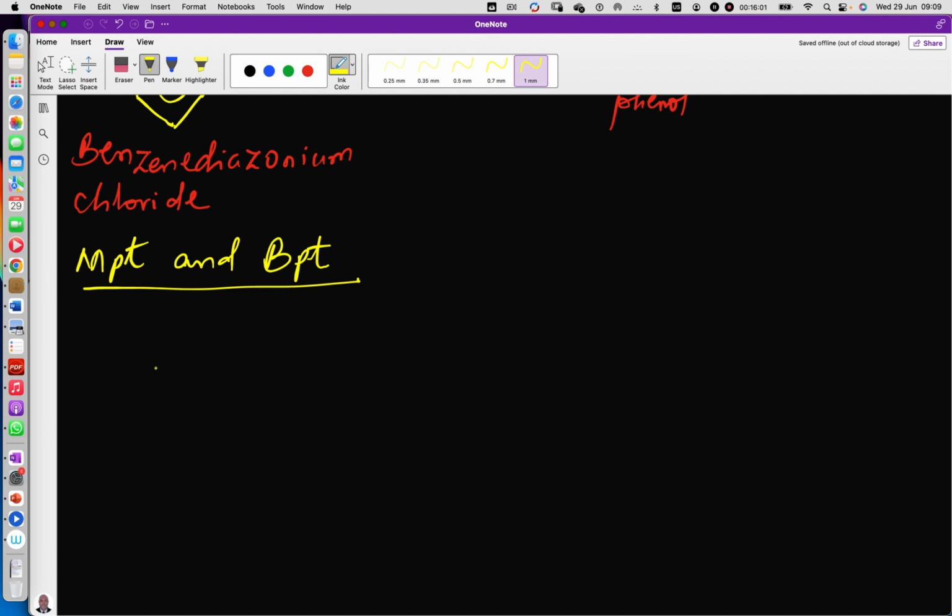This is methyl benzene, and this is phenol, compared. So as I said, phenol has a higher melting point and boiling point than methyl benzene.